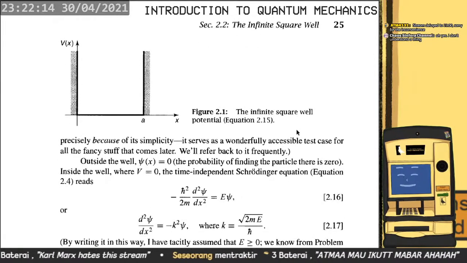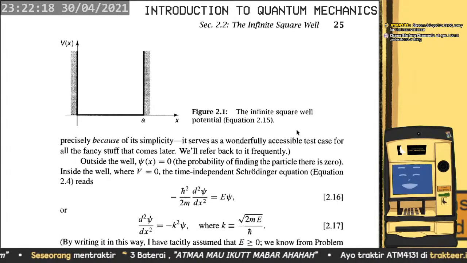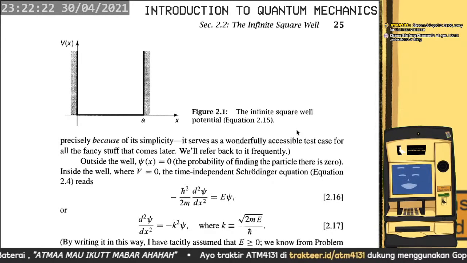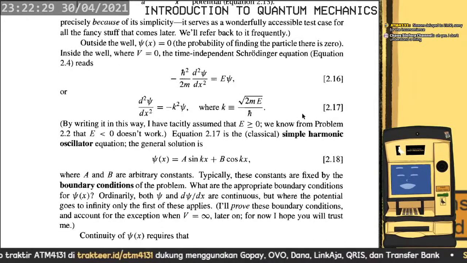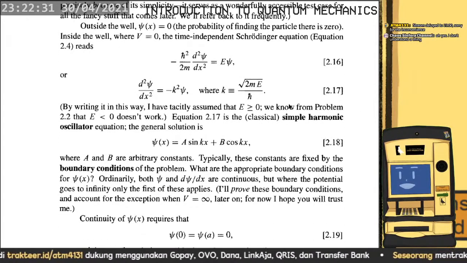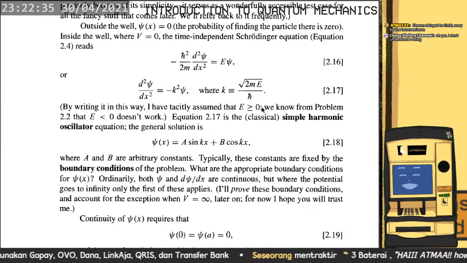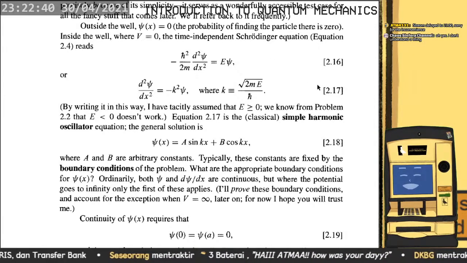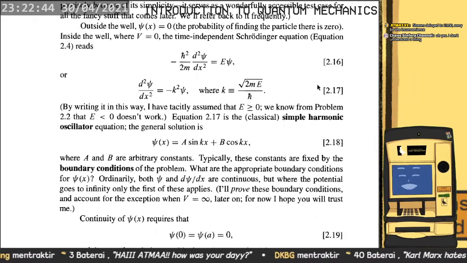Outside the well, psi(x) equals 0, the probability of finding the particle there is 0. Inside the well, where V equals 0, the time-independent Schrödinger equation, Equation 2.4, reads as follows. By writing it in this way, I have tacitly assumed that E is greater than or equal to 0.